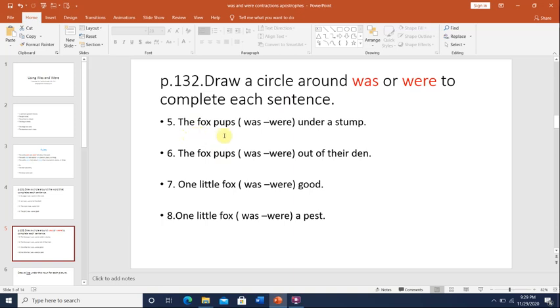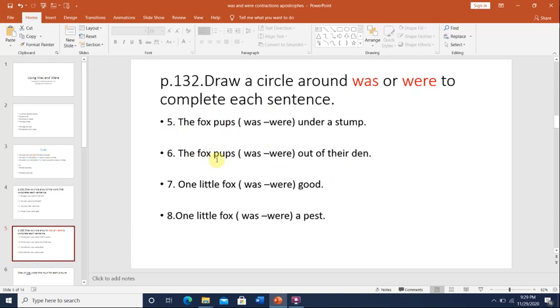The fox pups. We said the word pups means baby fox. The fox pups, this is plural, so we will choose were. The fox pups were under a stump. Number 6, the fox pups were out of their den. Why do we use were here? Because the sentence is about more than one thing.